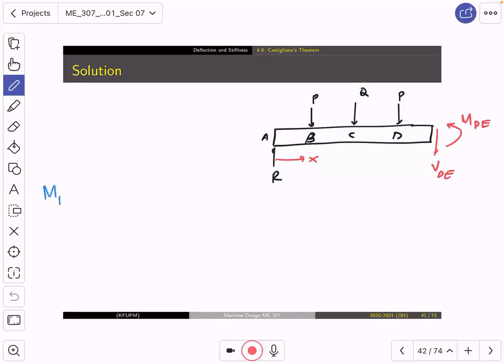M DE of X is equal to the same part as before, but this time I will have to add the last one.